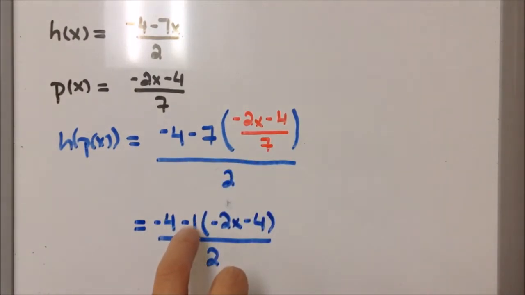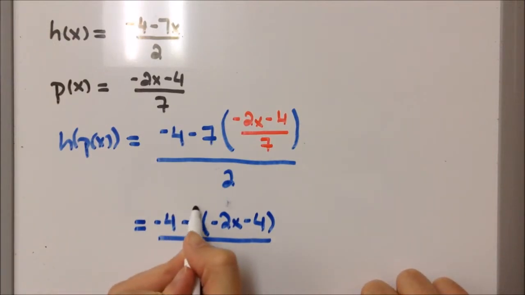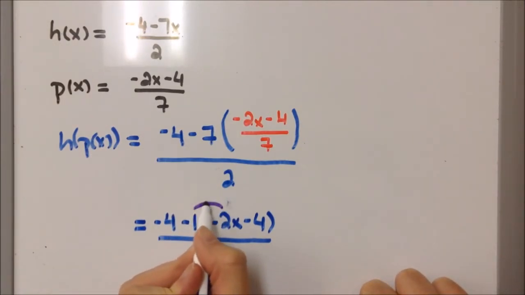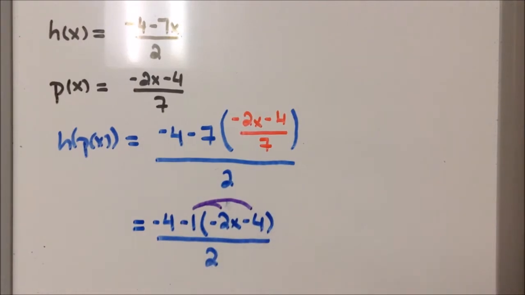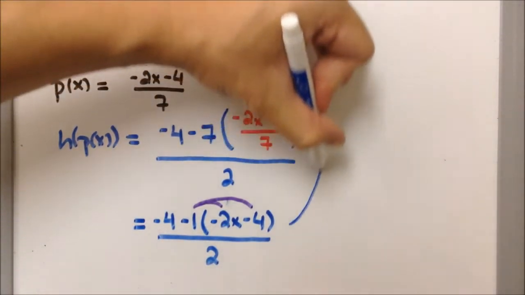And here's what's going to happen. We're going to distribute that -1 to everything inside. This is where we have to be absolutely careful when we have negatives and distributing, because if you don't, you might get a different answer. Alright, so I'm going to bring it up to the top.